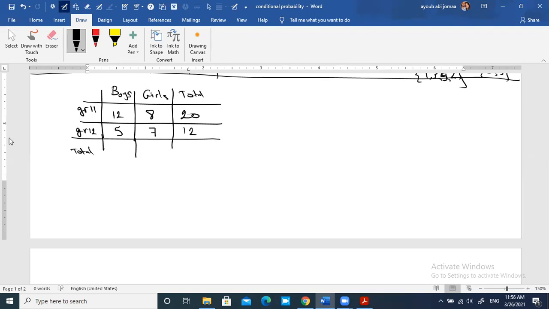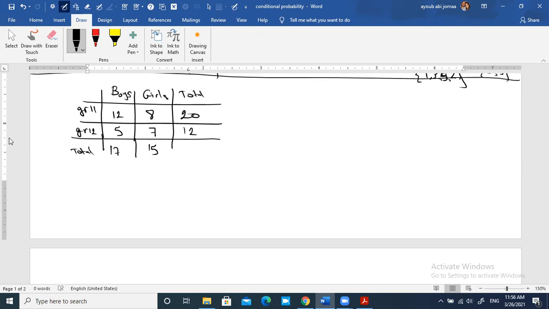What is the number of boys among these students of grades 11 and 12? 17. And the number of girls? 15.